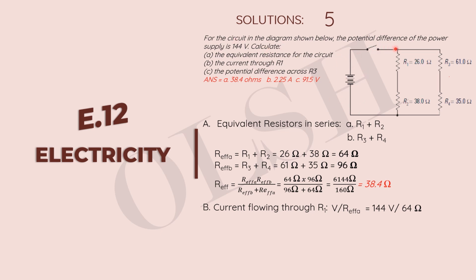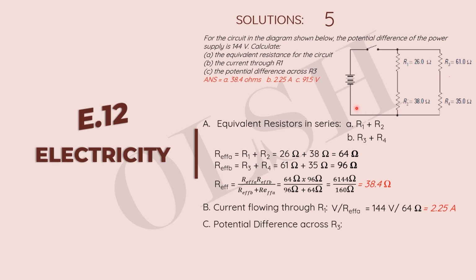So we're going to experience 144 across this terminal. So we divide 144 by the resistance of both these resistors. If we do that, we're going to have 2.25 amps. Now that is the current that flows through R1, and it is the same current that flows through R2.